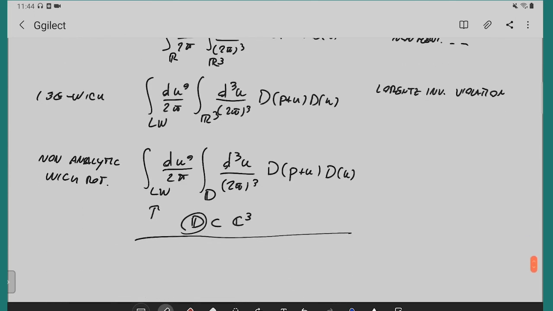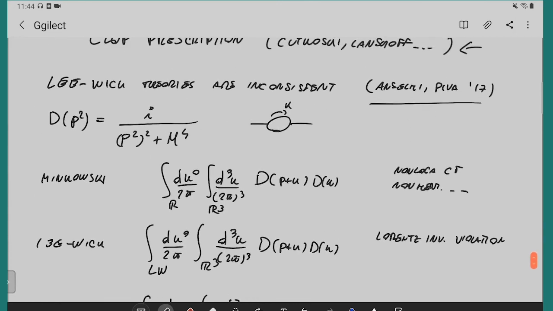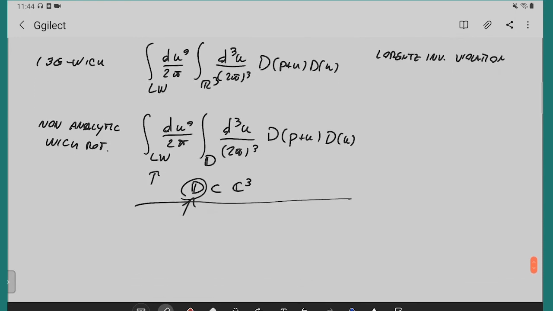But the recipe for this is a bit more complicated. But what we have shown in this paper was that all of this procedure is equivalent to using the average continuation.